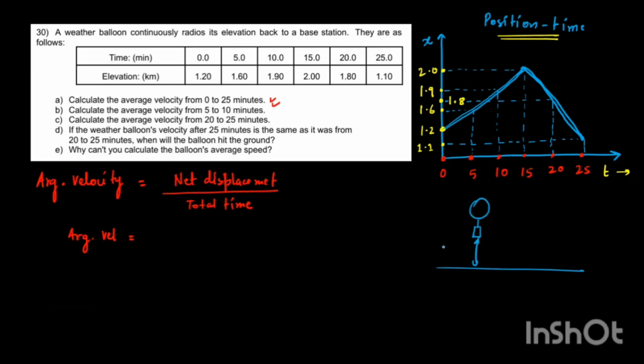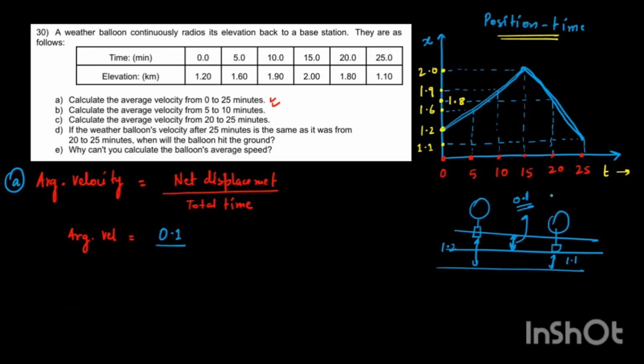At 0, it was 1.2 kilometers away. At 25, the balloon is at 1.1. So what is the displacement? It is going to be 0.1. So the average velocity for the first part is 0.1 by total time.